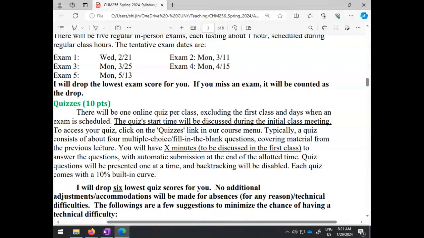We can't just create time out of thin air. So if we want more discussions, we have to restructure the mode of teaching and learning in this course from what we had last semester, so that we can enable more discussions and more examples in the classroom.